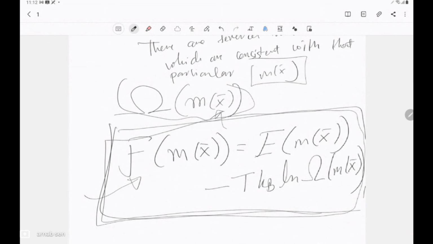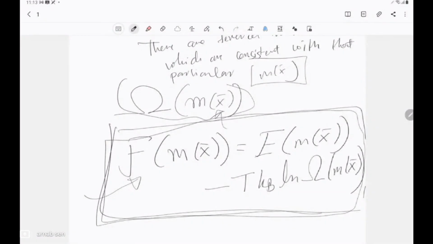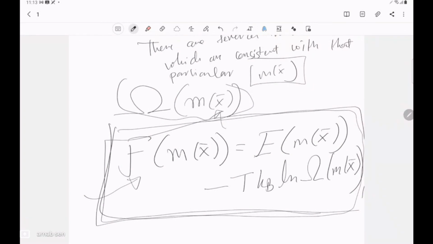But if you want a physical picture in your mind, this is how the Landau free energy emerges. Is there any question on this?